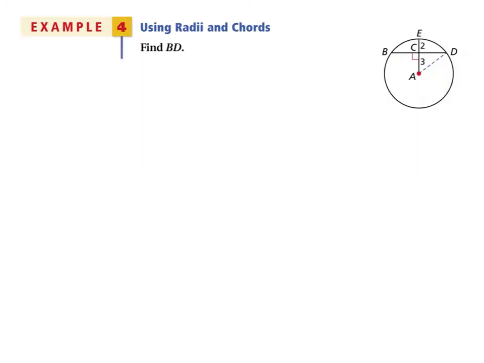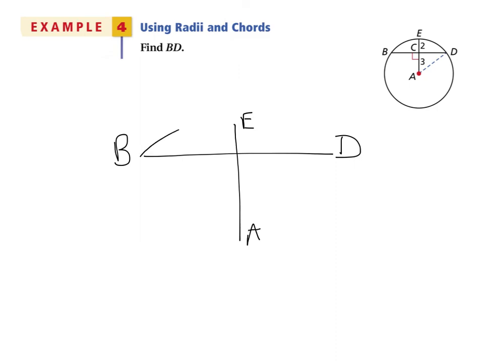So example number 4. Find the length of BD. Here's B, here's D, and here's EA. Now, normally, I wouldn't even give you that dotted line there. We know this is 2, we know this is 3. I want to find BD. So what do we do?